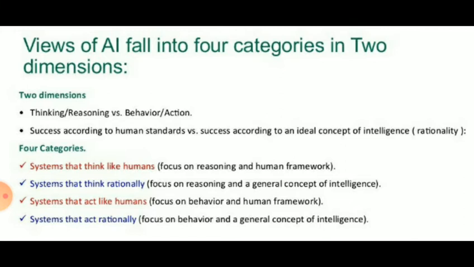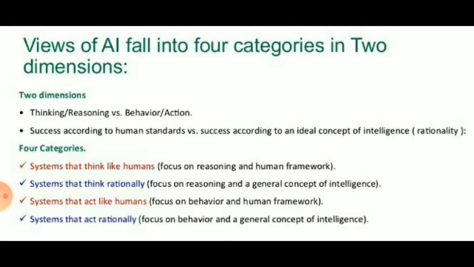The first category is systems that think like humans. It focuses on reasoning and the human framework. The second category is systems that think rationally, which focuses on reasoning and the general concept of intelligence. Then systems that act like humans focus on behavior and the human framework.